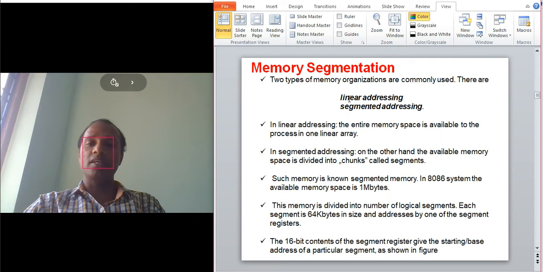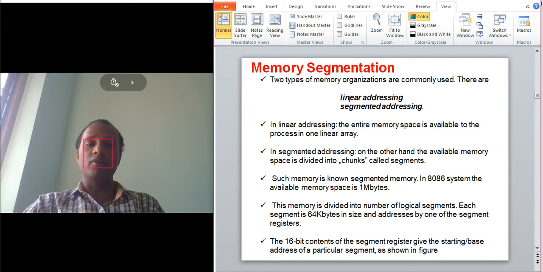In the 8086 microprocessor, the total 1 MB memory is divided into different chunks. We call each chunk a logical segment, and each segment consists of 64 kilobytes of memory.